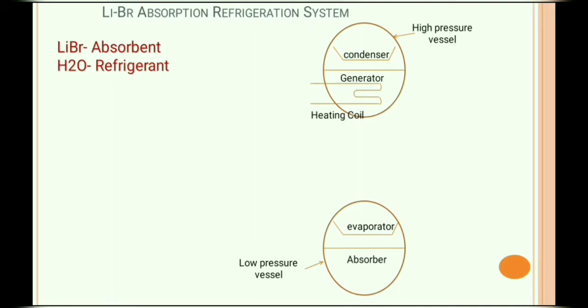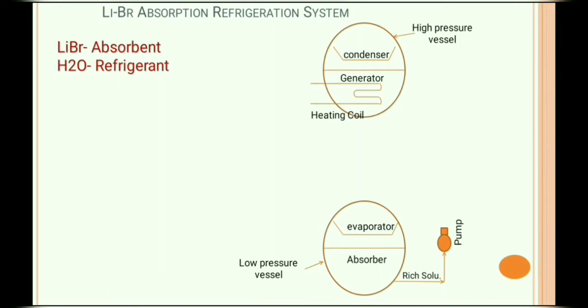We all know the absorber is connected with the pump. This is the absorber which is connected with the solution pump. From the absorber, the rich mixture comes out and goes to the pump.